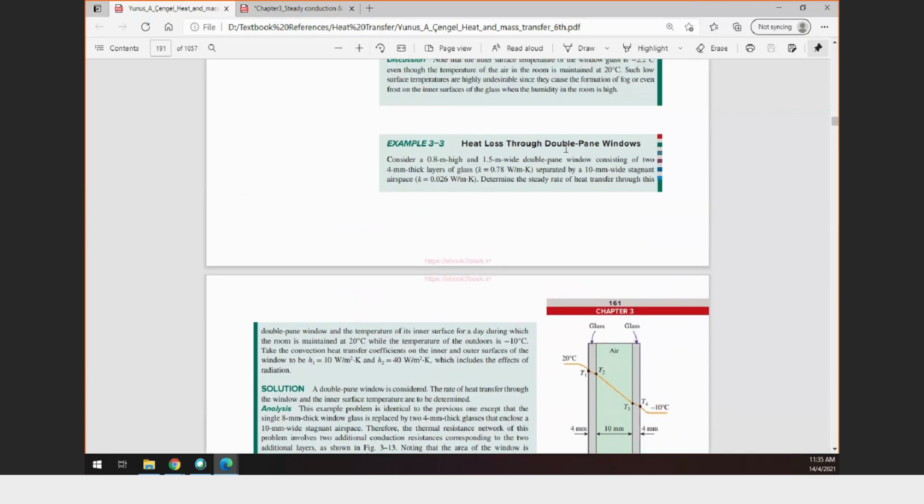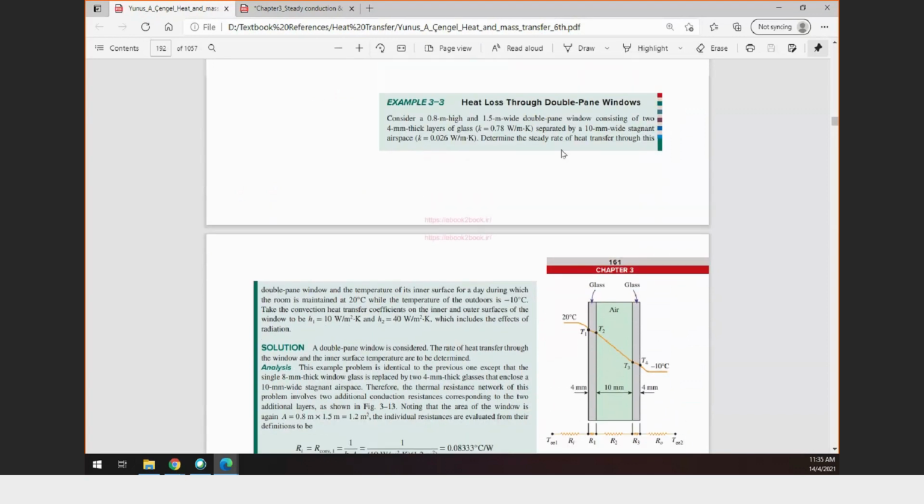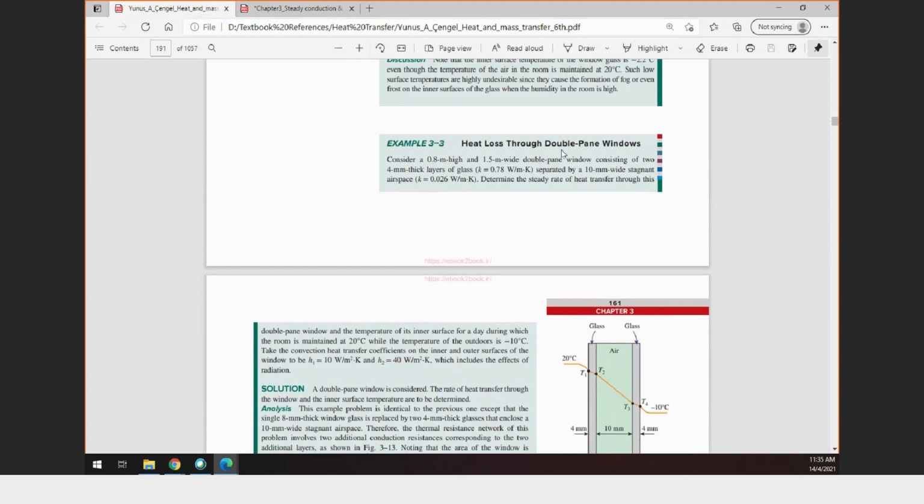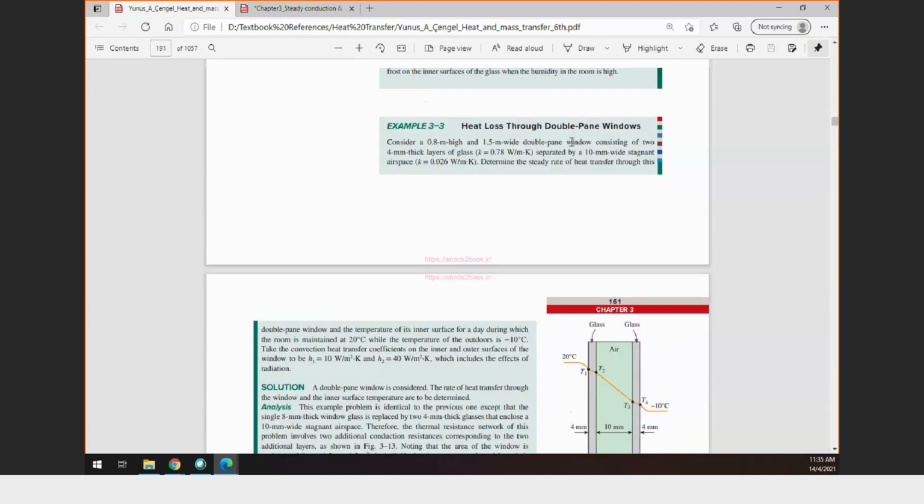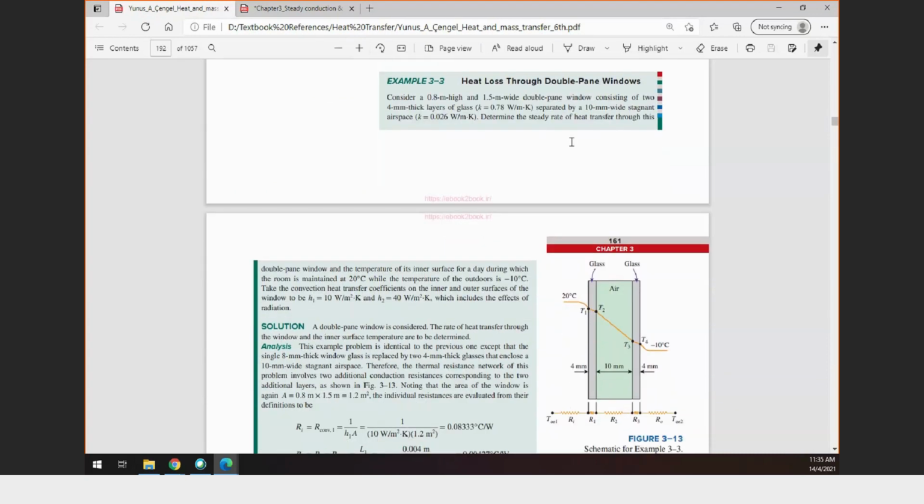Have you heard about double pane windows? Sometimes we call it a double glazing window. We have two layers of glass, and in between the glass you have an additional layer that can control the heat transfer.